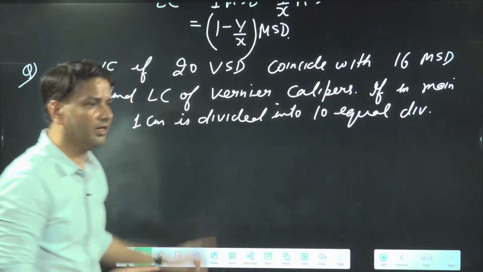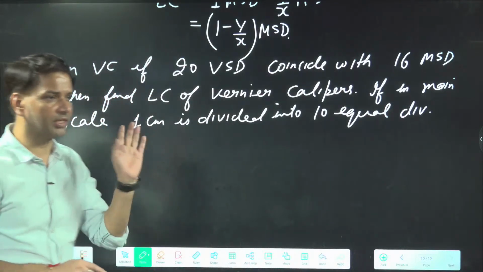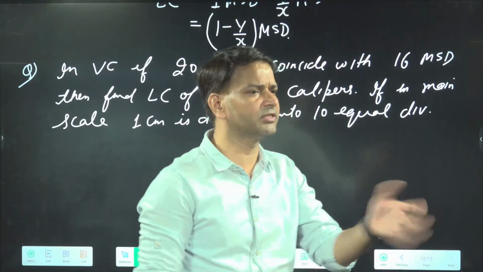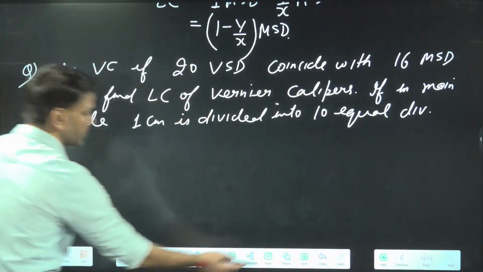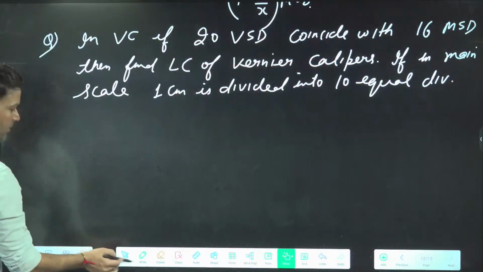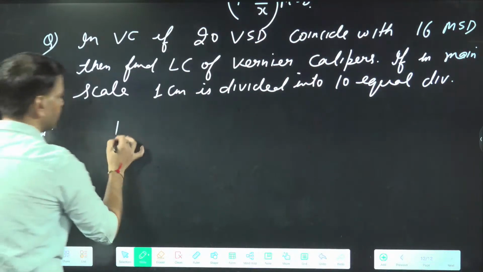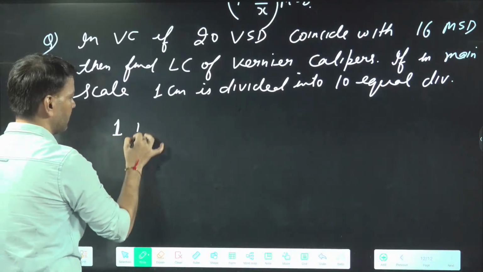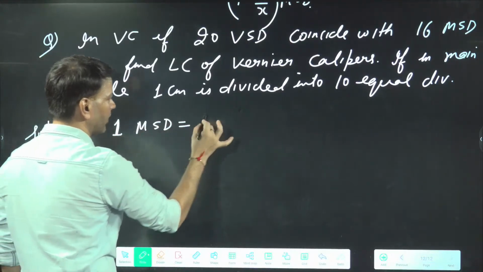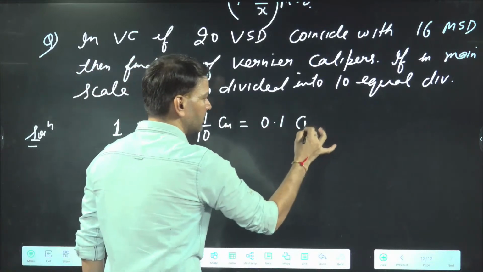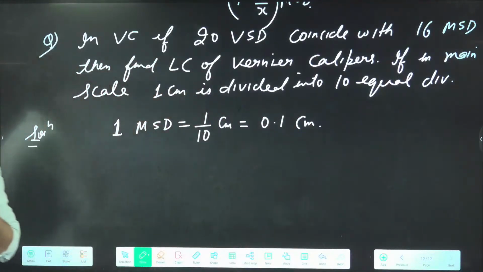In the main scale, 1 centimeter is divided into 10 parts, so each part will be 1 by 10. 1 by 10 means 0.1. So from this I can say 1 MSD is equal to what? 1 by 10 centimeter, or we can say 0.1 centimeter. From this data we got MSD.